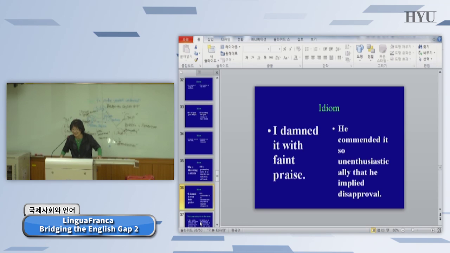Can you understand? No. He commended it so unenthusiastically that he implied disapproval. That means faint praise, it sounds complicated, but faint approval implies disapproval.